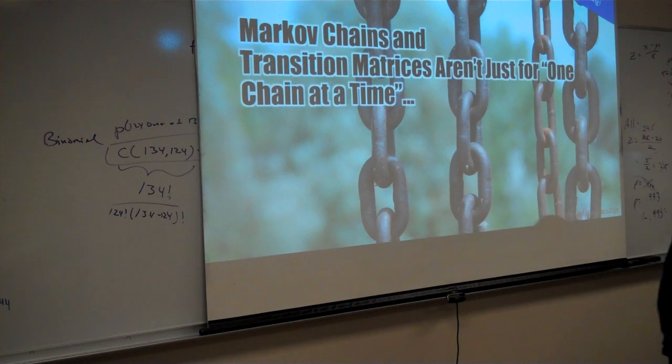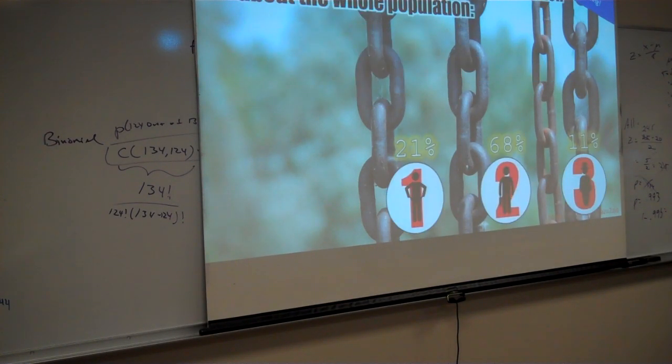But this was neat. You guys did this sitting in your 3 groups and playing with 20 individuals. But what makes this powerful is we can apply it to large populations at the same time.